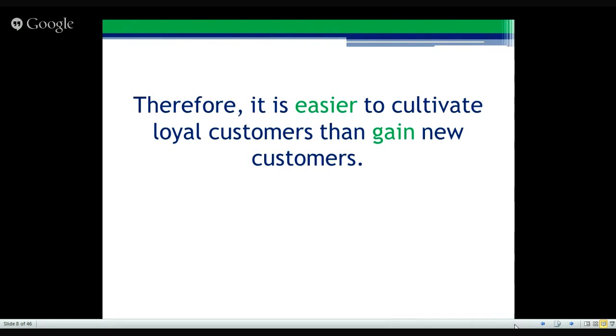So it's like a spider web if you think about it. Once you have one customer, they spread the word, you have loyalty from them, they spread the word, and then you get their friends, etc., and it just keeps spreading. Whereas gaining one new customer is so difficult, because gaining that one customer usually is pretty pricey, whereas keeping one customer is a lot easier.